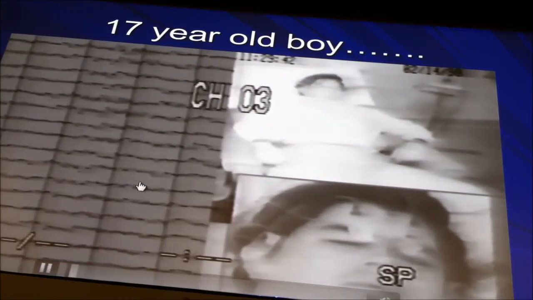Now, this guy, 17 years old man. In the middle of the night, he would adopt this posture all of a sudden, as if he was kicking a soccer ball.